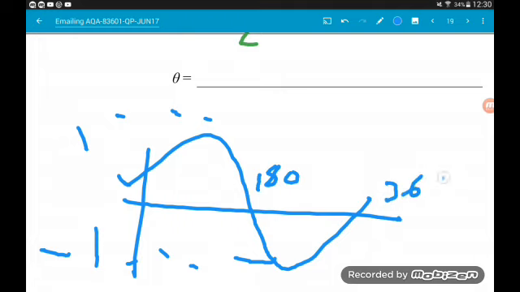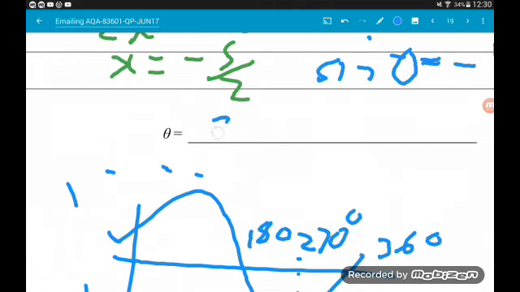This is 360 over here. This point is exactly halfway between 180 and 360, which is 270 degrees. So theta is 270 degrees. Okay, one more question, guys.